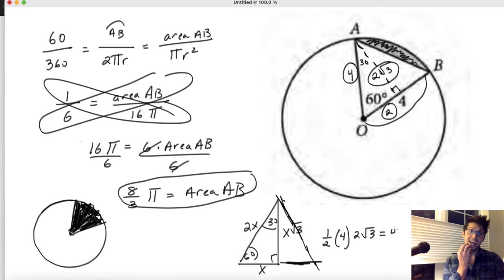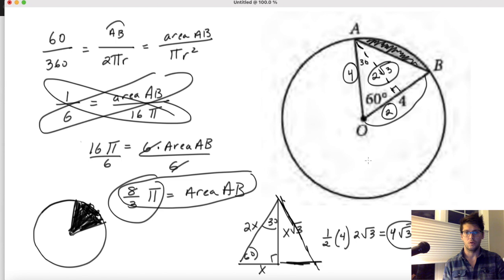You have to subtract that from the segment area. So to finish out this question, that would be 8 over 3 times pi, that whole segment, minus 4 root 3. And if I remember correctly, the answer is given in kind of a goofy way.